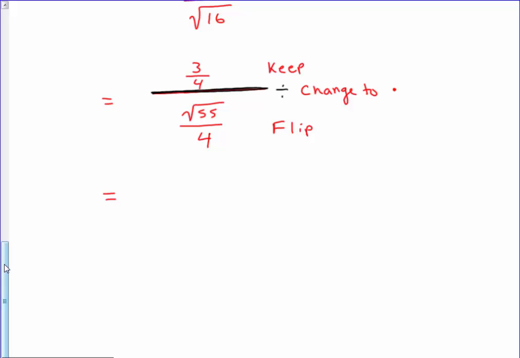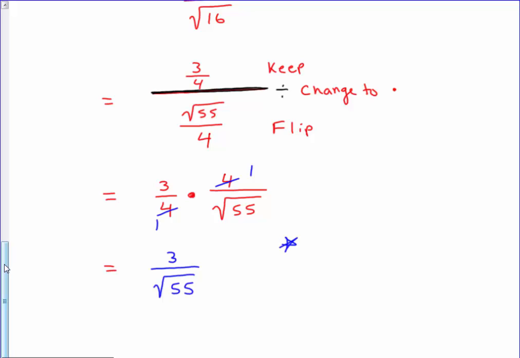So keep it, change it, flip it. Keep 3/4, change division to multiplication, flip the bottom value. Okay, doing this, because I'm now multiplying fractions, I can cross reduce. Those will reduce to a 1. So seemingly, it looks like I'm getting 3 over square root of 55.